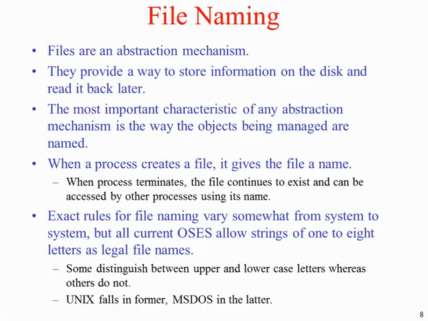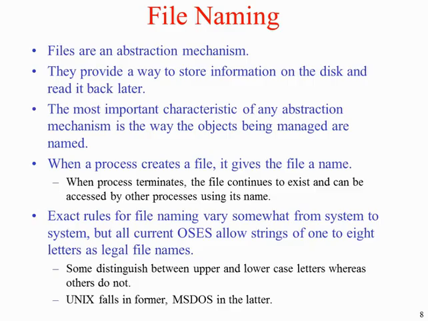Now when you're naming files, it is basically an abstraction mechanism that will help a user to know that this file contains this kind of information. It will also tell us what kind of information is being stored in it, so that when you read it back, you know what it is going to contain.